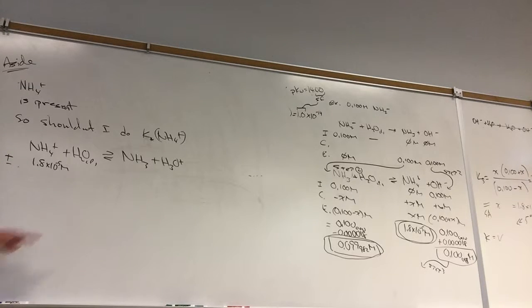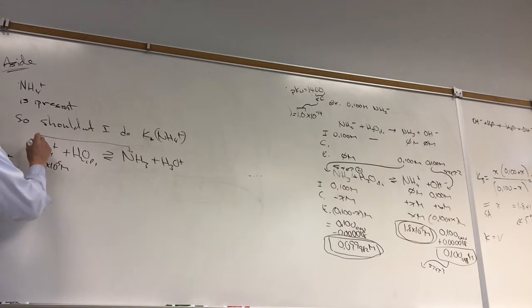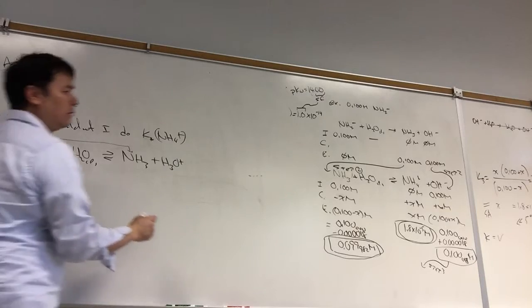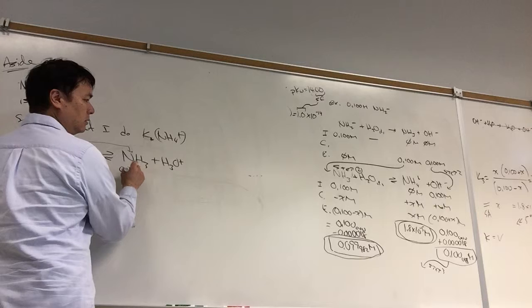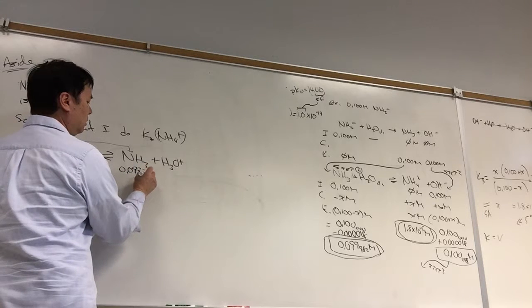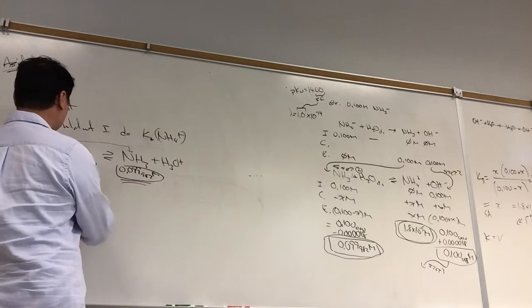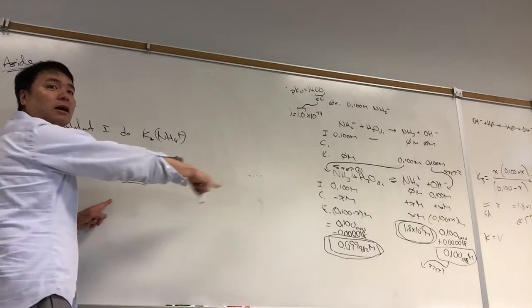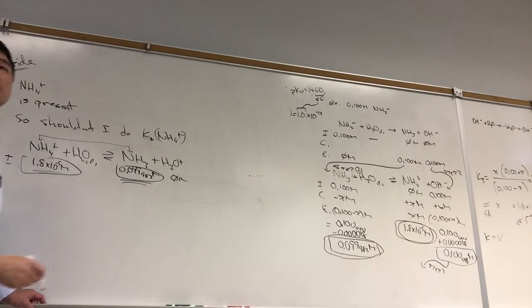Anyway, the reason is because of this. This equilibrium describes the equilibrium between ammonia and ammonium. If I have this much ammonium, I also have this much ammonia, right? This came from there, and this is going to be 0 here.